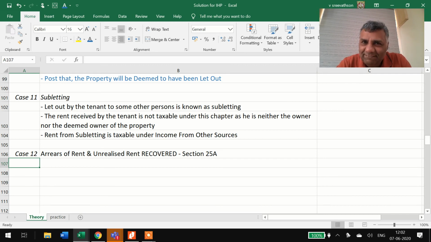No sir, arrears of rent means we will not receive, unrealized rent means we will receive. That is the difference. Arrears of rent means it has been realized but not received. Unrealized means it has not been realized.